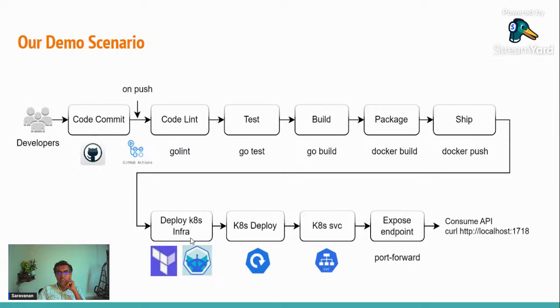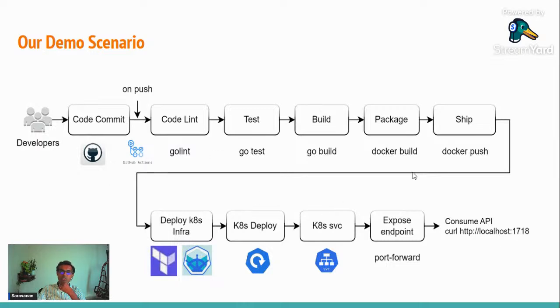Once it creates the Minikube infrastructure, it will spin up the deployment code added in the Terraform, and then I am using the Kubernetes service command to expose the endpoint so that we can have an end-to-end flow of testing whether that API is accessible in the workflow or not, right?